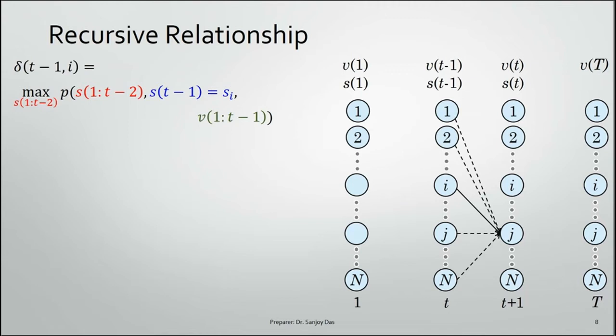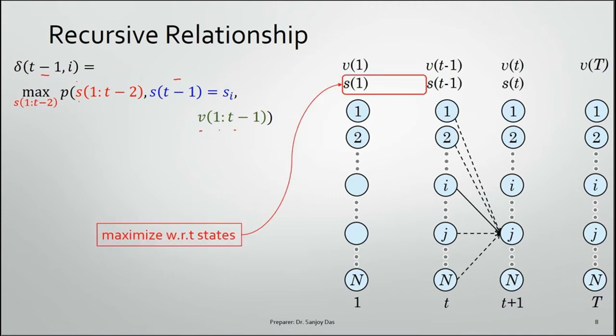Delta T minus 1 i is by definition equal to the following expression. It's the joint probability of the states until time T minus 1, because T minus 1 is the present, and the output symbols V1 through T minus 1. And we maximize over the past states. So we maximize here over S1 through T minus 2.